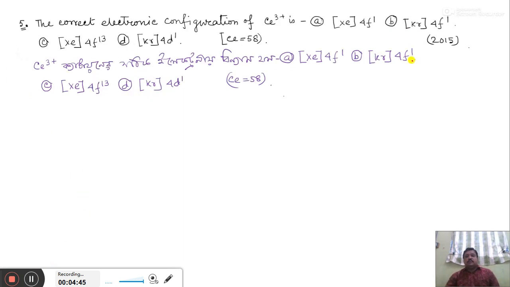The next question comes from the 2015 exam. The correct electronic configuration of the cerium 3 plus cation is the following one, given cerium's atomic number is 58.